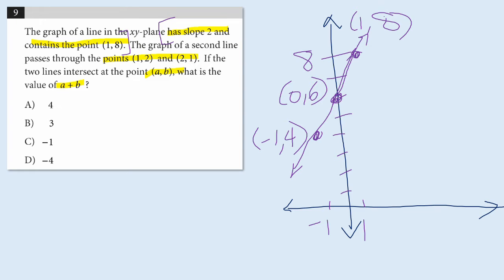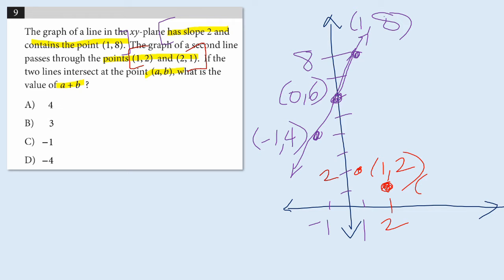The second line goes through the points (1, 2) and (2, 1). So let's draw the first point. So that point there is going to be the point (1, 2). And then I need the point (2, 1). And there is the point (2, 1).